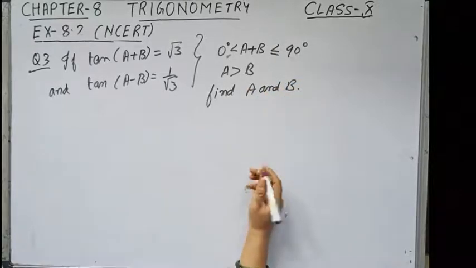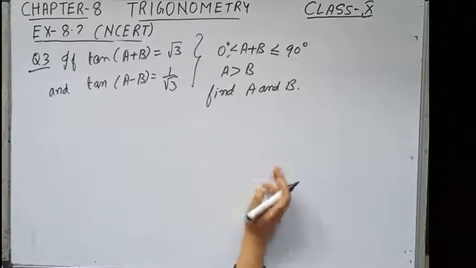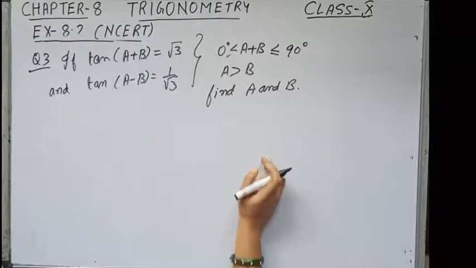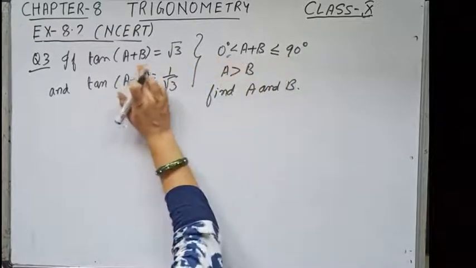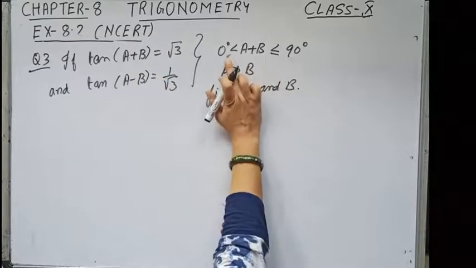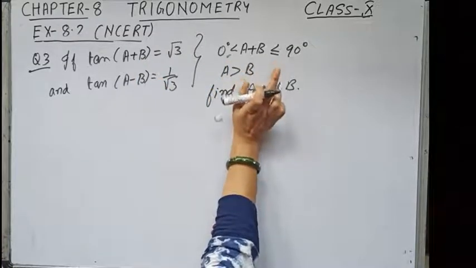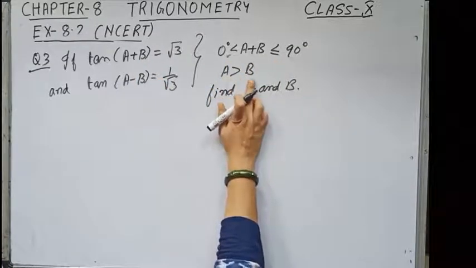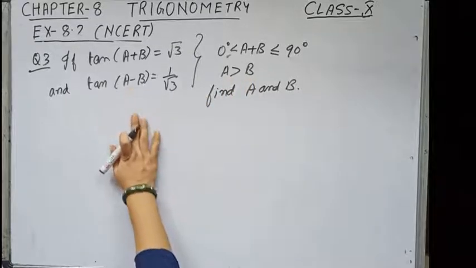Means we have to find the value of a and b, means how much degree it is. Now this condition says that a plus b is an acute angle. It is more than 0 and less than equals to 90 degree, and also angle A is greater than angle B, then only we can do A minus B.